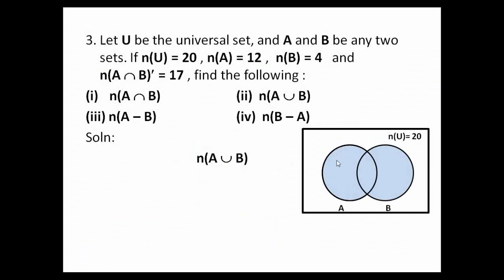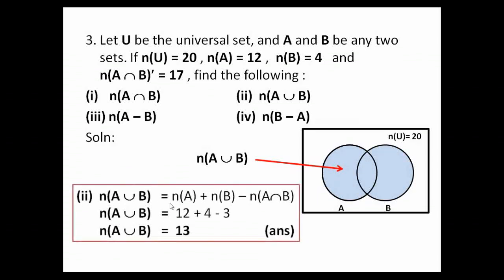Next, n(A union B). Now n(A union B) means what? The entire region of A and B, either or both. So this is A union B. And how do we find n(A union B)? n(A union B) is equal to n(A) plus n(B) minus n(A intersection B). So this is n(A), this is n(B), and we are subtracting the intersection part. Why?